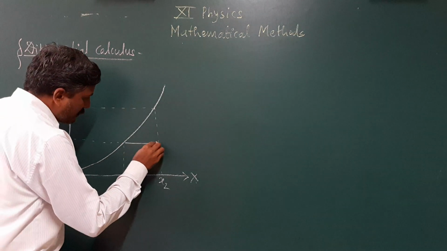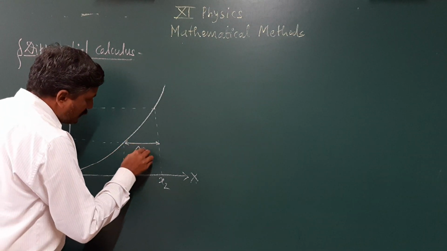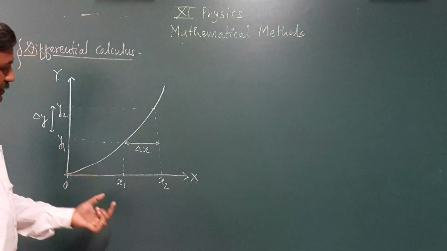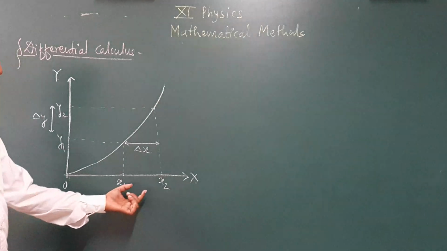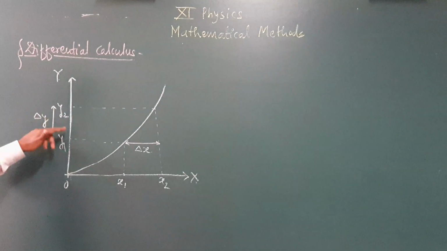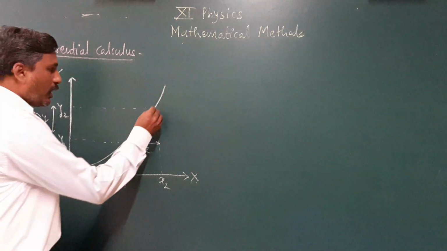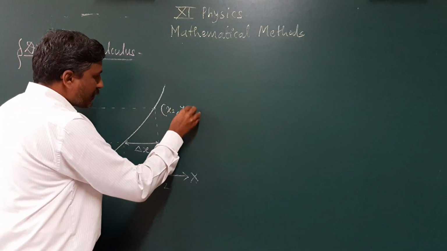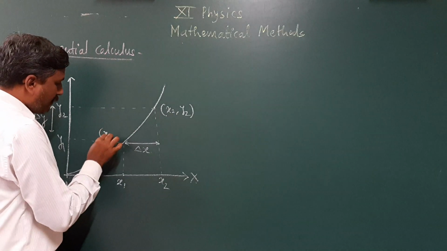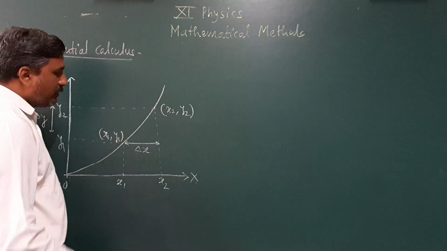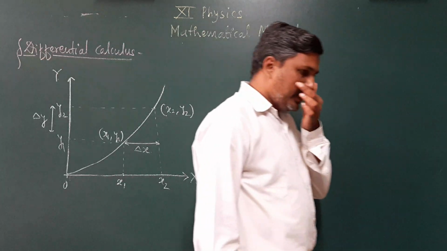This difference is delta x. That is, x2 minus x1 is delta x, and y2 minus y1 is delta y. When you write the coordinates of a point, always start from the x-axis. That are x1, y1 and x2, y2.